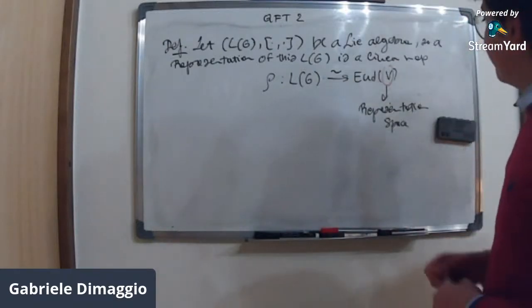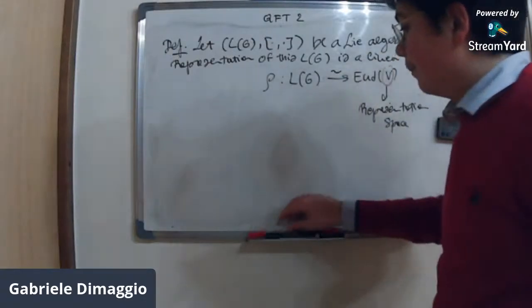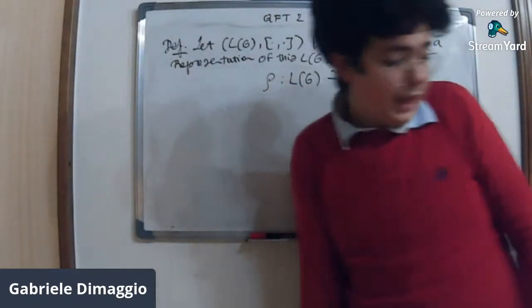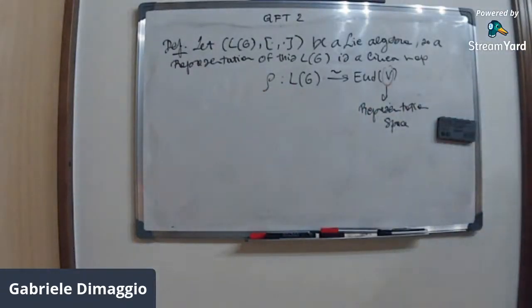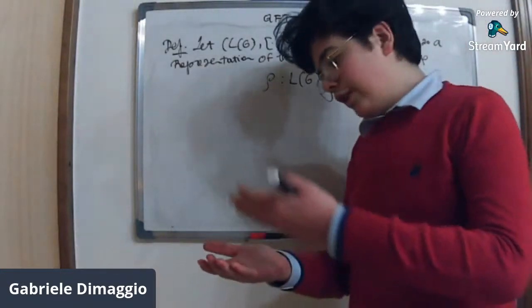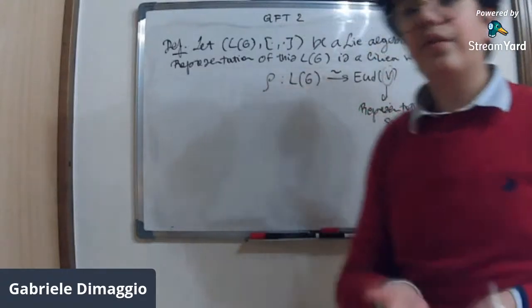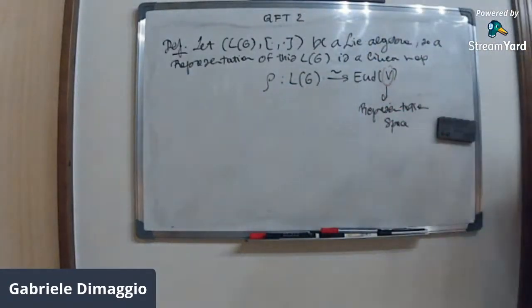For example, we can see the example of SO3. The spinorial representation is a particular representation very useful in quantum mechanics and theoretical physics.